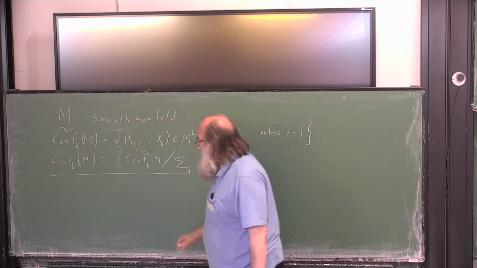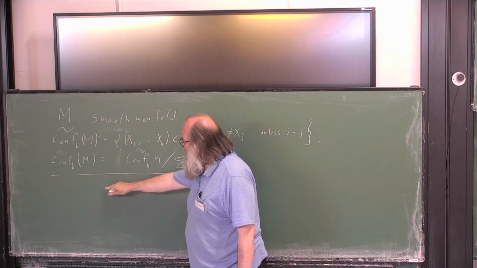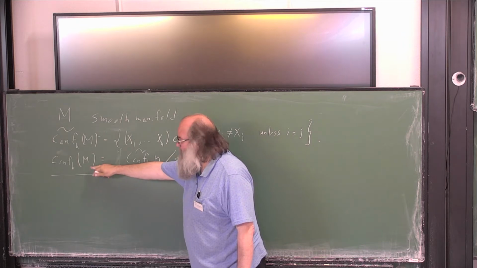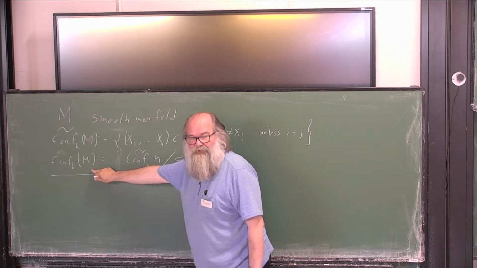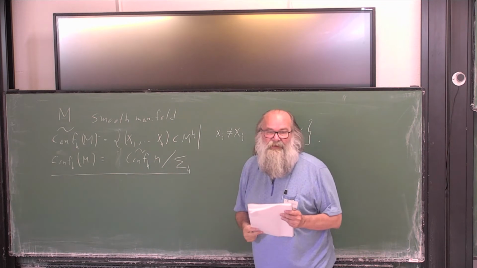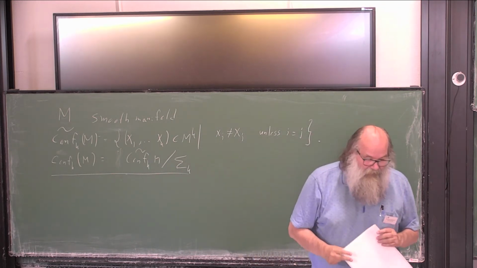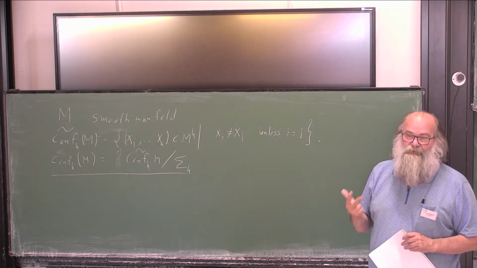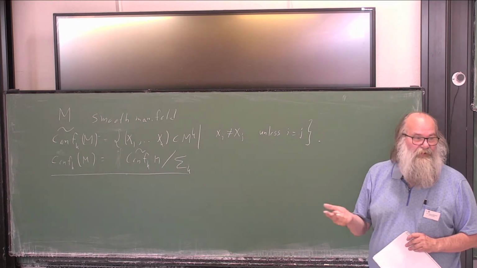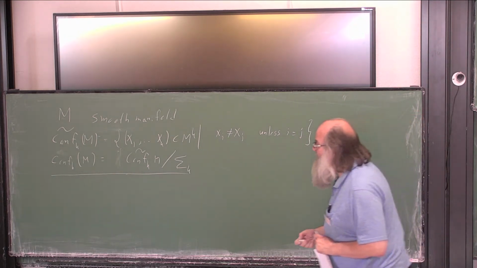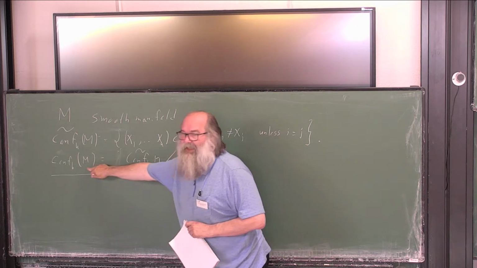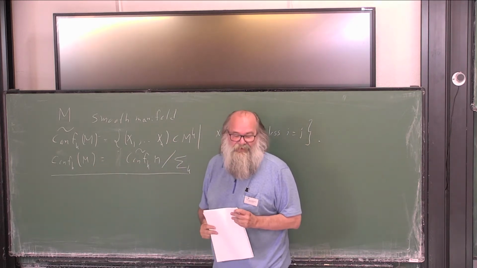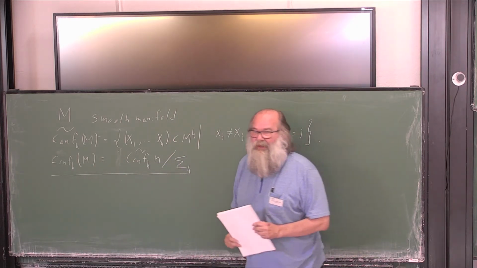Okay, so I got into this because of the relation of configuration spaces with vortices. As I assume you know, the configuration space of vortices on a Riemann surface can be identified with the configuration space of as many points as the degree of the vortex.